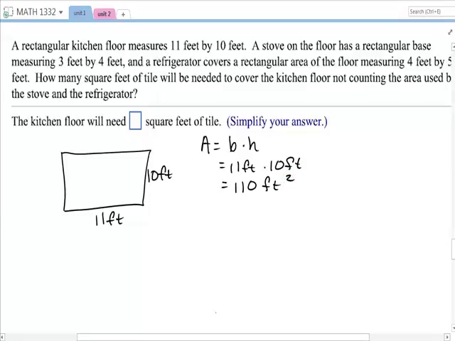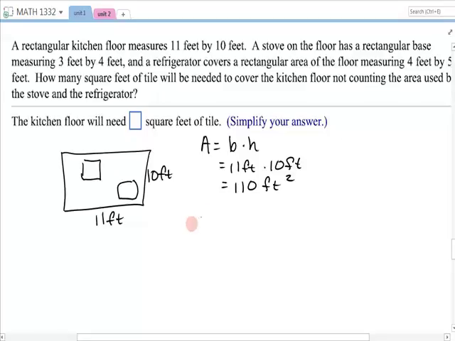But money, let's just pretend we have to save every penny we can, and hey, it's just a rent house and we're leaving and we don't care. Okay, so we've got a stove sitting here, and we've got a refrigerator sitting here, and we're not going to tile under those. That means we're going to deduct that from our area.